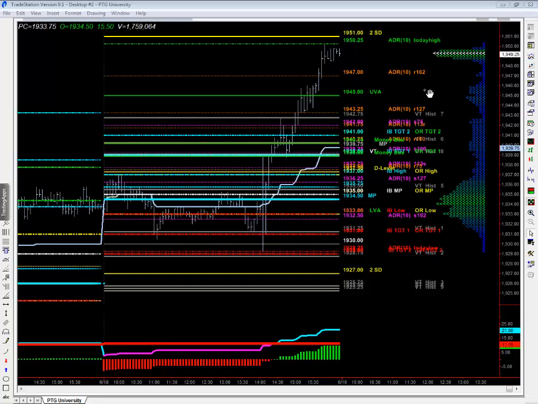You can overlay them all, but once you know what the 10-day average daily range is, you can take that off. You can clean up the chart a little bit, or you can make it as messy as you want. I particularly like clean charts, but the balance chart is our single most comprehensive chart that offers us every conceivable level that professionals, money managers, traders, institutions, hedge funds use.